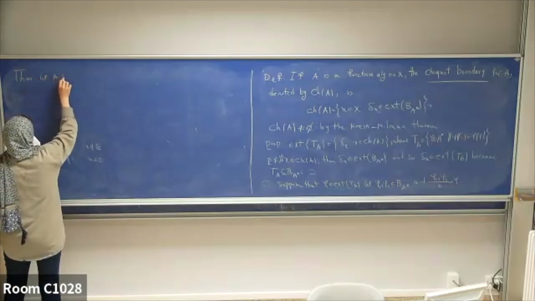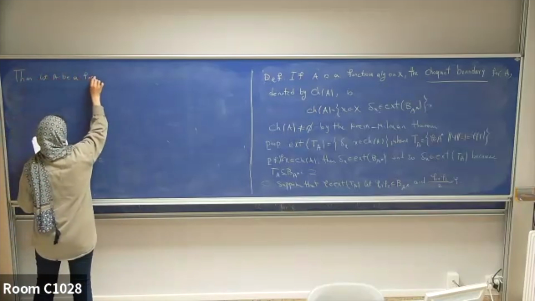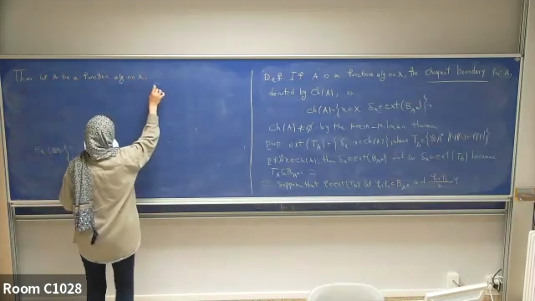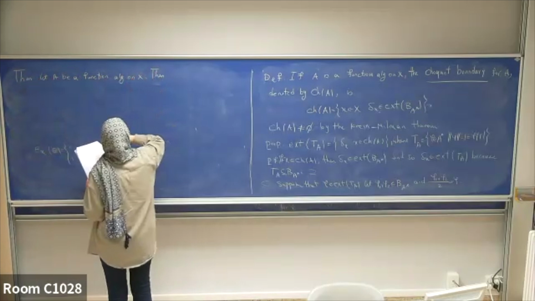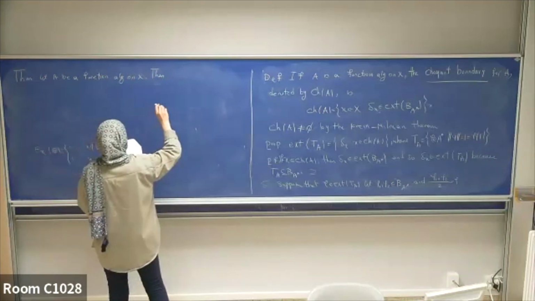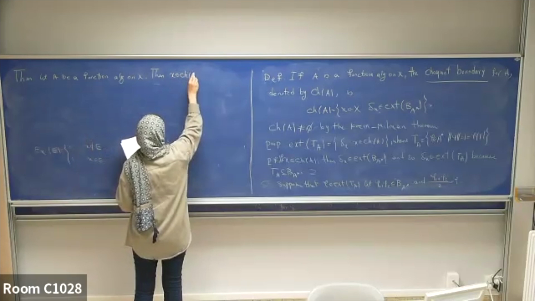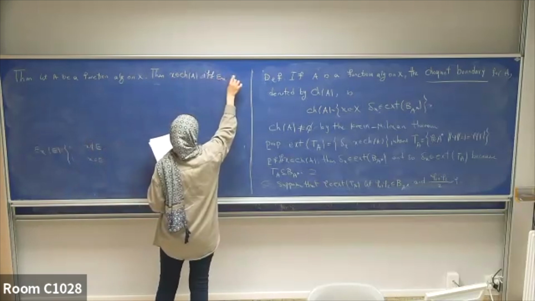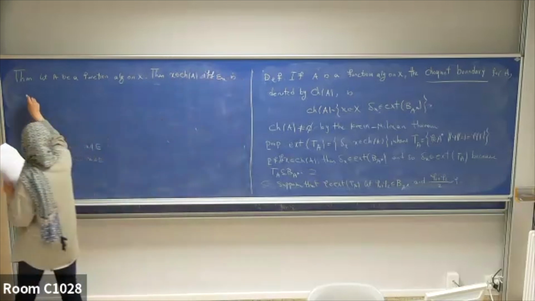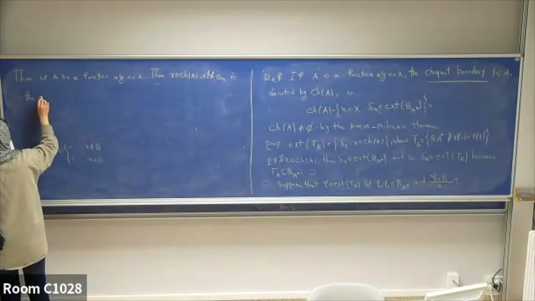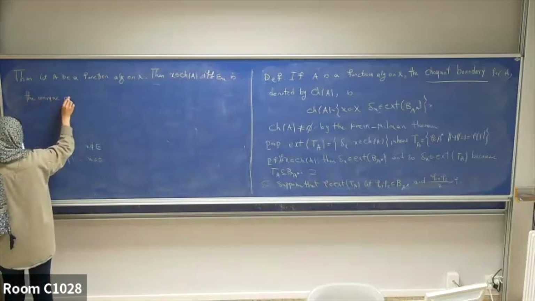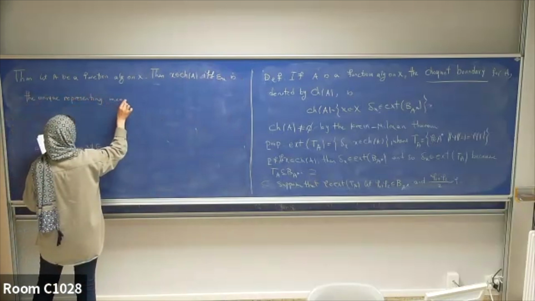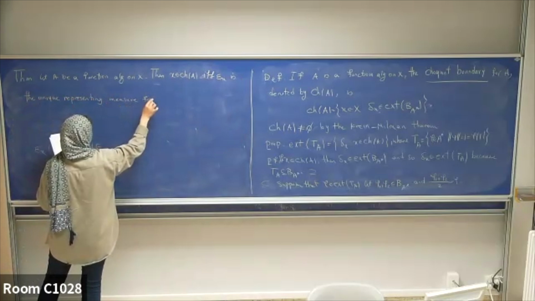Let A be a function algebra on X. Then x is in the Choquet boundary if and only if epsilon x is the unique representing measure for delta x.